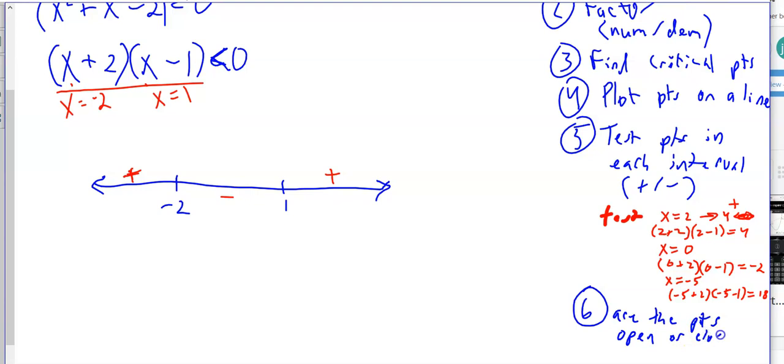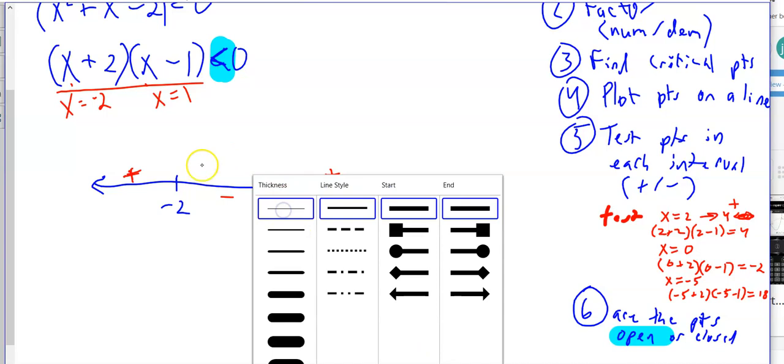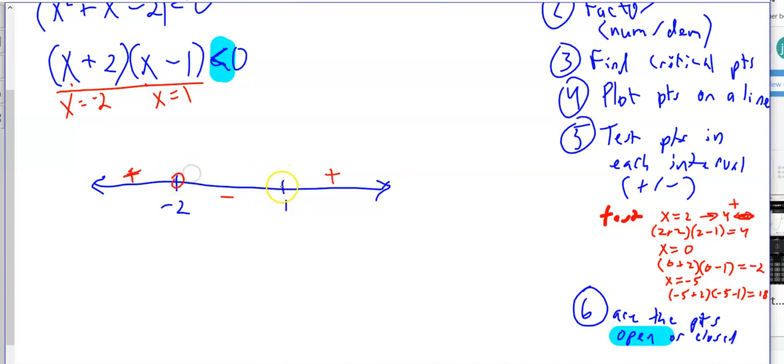There are two things you want to look at here. The first thing you look at is the sign. This sign is less than, which means open circle, basically. So I know those are both going to be open circle problems. So on the graph, those are going to be open circles.